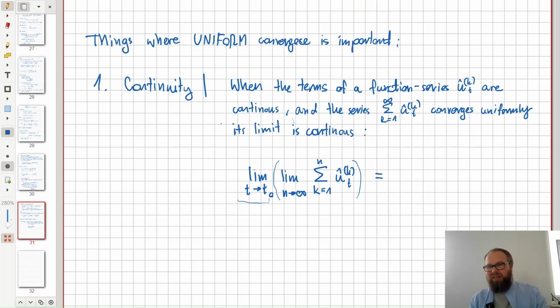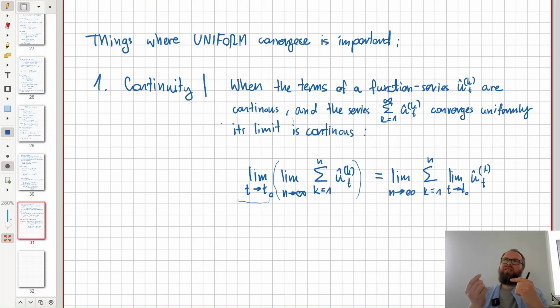And this equals the limit n goes to infinity of the sum k=1 to n of the limit t to t0 of u_k(t). Okay?